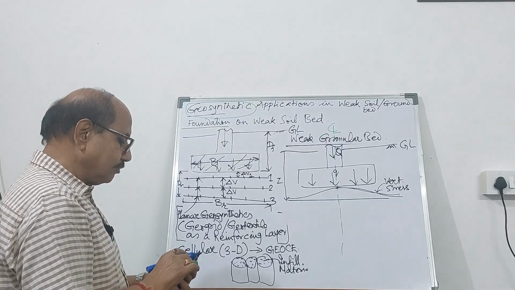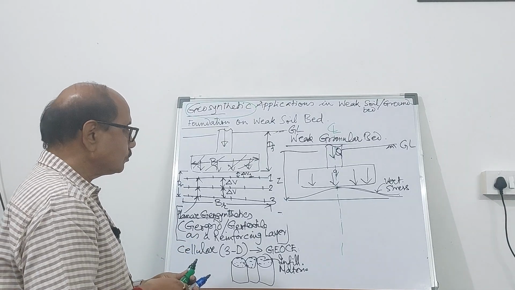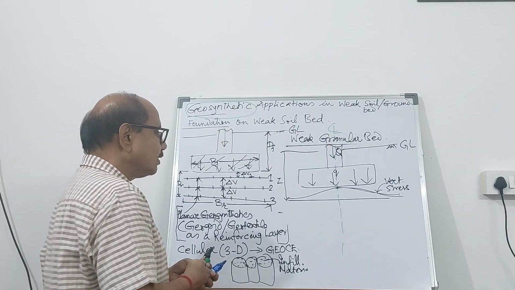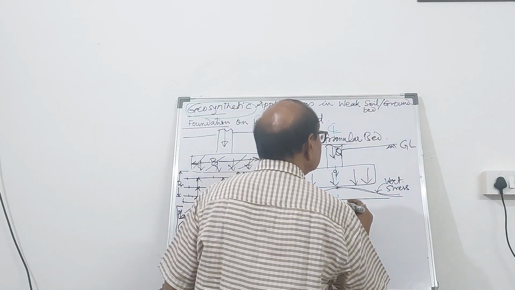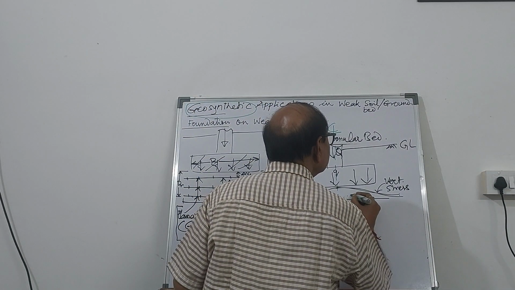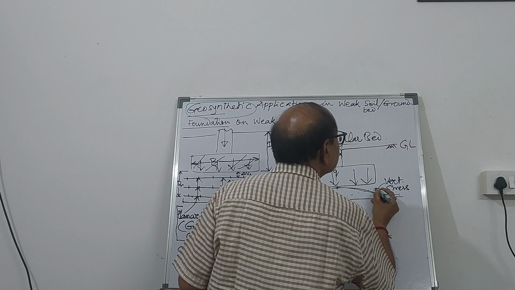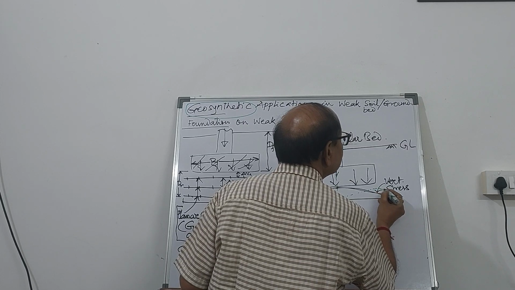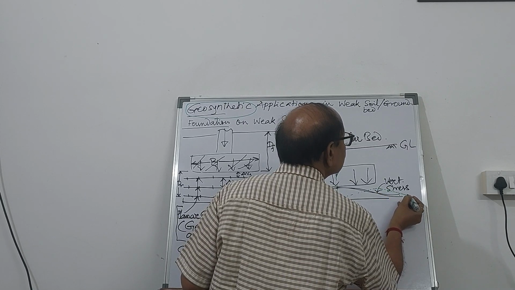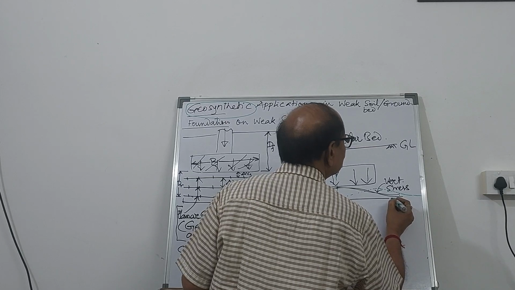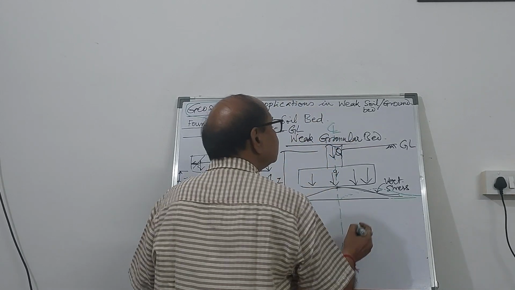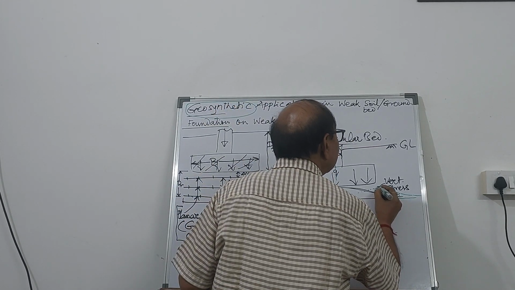But if you want to have the shearing, the shear, how is it going to change? It keeps on increasing and it becomes maximum, then it decreases as you go away. So this is the maximum.